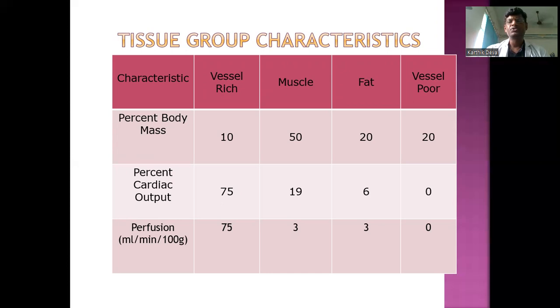So the vessel rich group receives 75% of the cardiac output, whereas muscle gets 19%, fat gets 6%, and vessel poor gets 0 to 1% of the cardiac output. When we talk about in vivo perfusion, the vessel rich group gets 75 ml per minute per 100 gram, whereas muscle gets 3, fat gets 3, and the vessel poor group gets 0 to 1 ml per minute per 100 gram of body mass.